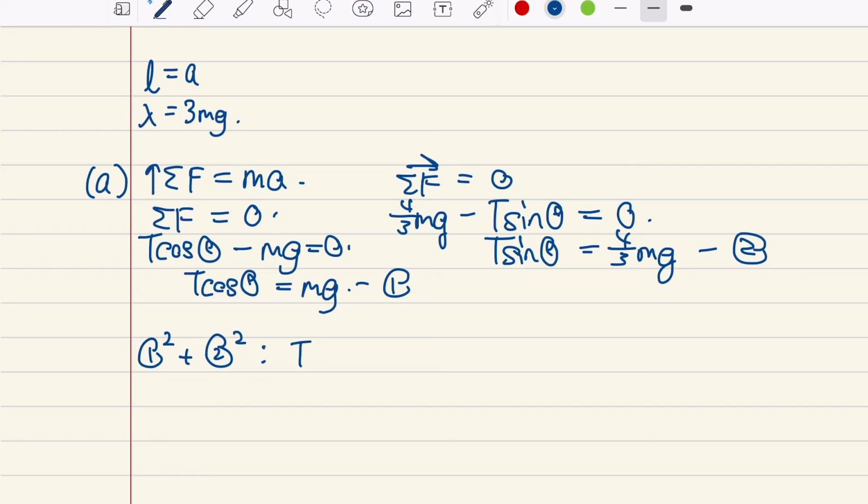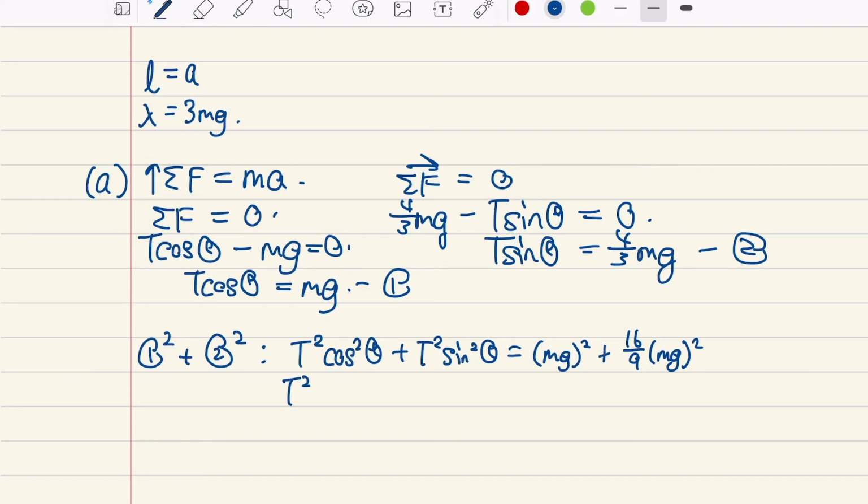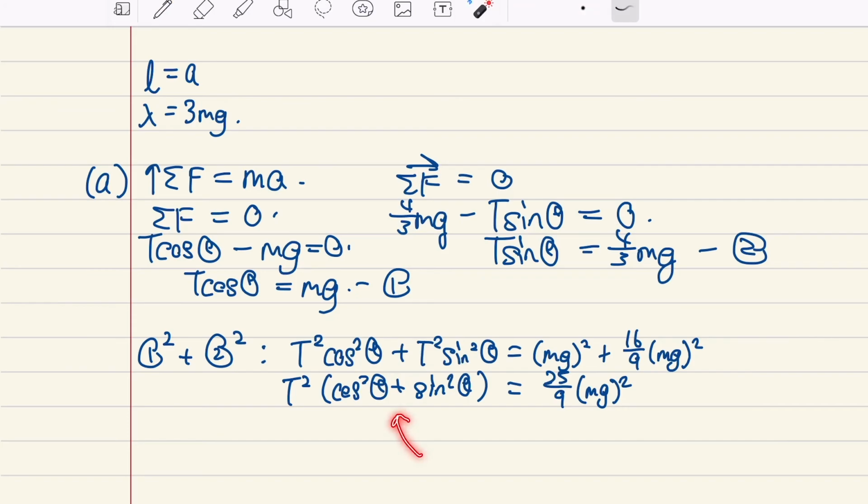which is T squared cos squared theta plus T squared sine squared theta equals mg squared plus 16 over 9 mg squared. By factorizing T squared, we get cos squared theta plus sine squared theta times 25 over 9 mg squared. Here cos squared theta plus sine squared theta is actually equal to 1.